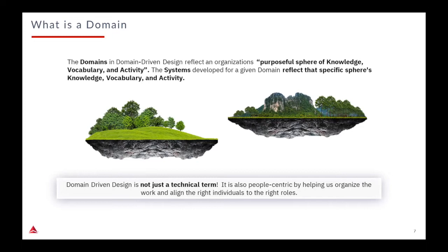So talking about domains, what is a domain? It's a purposeful sphere of knowledge, vocabulary, and activity. It's a little like when we talk about HR, or sales, or different parts of our organization. It's a sphere that's protected in and of itself. It was actually interesting: I had this presentation and was working with our CIO, and he said, "What's with the floating islands?"